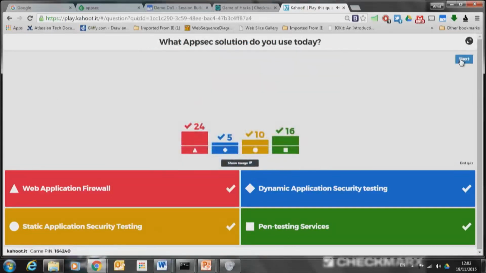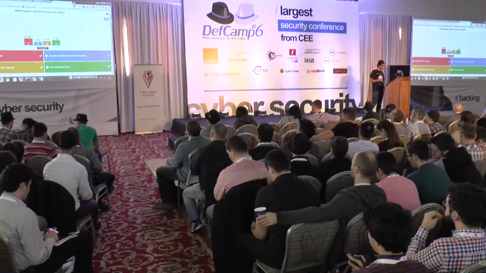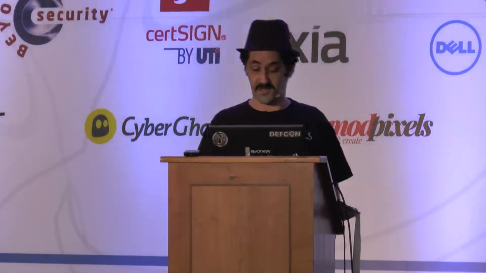I'm guessing some of you use more than one, some of you don't use any of these, some of you do manual testing, but it's interesting to see that you have more static analysis than dynamic analysis. That's good, that's smart, even though I think you need both of them at the end of the day.